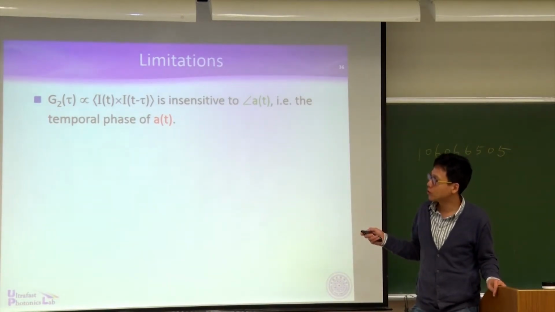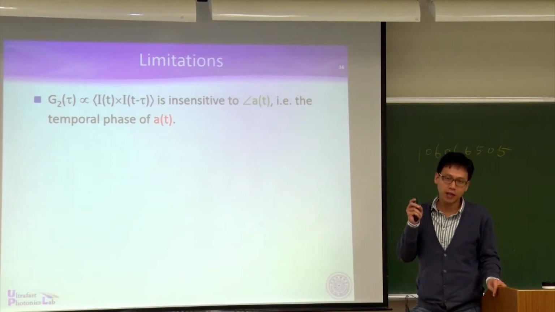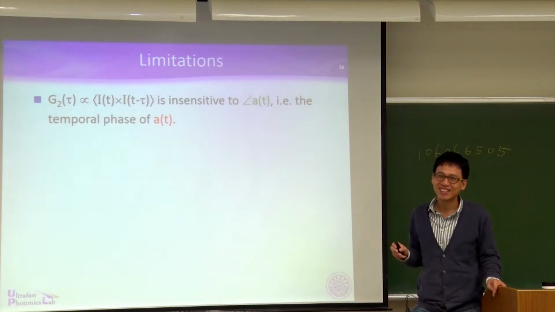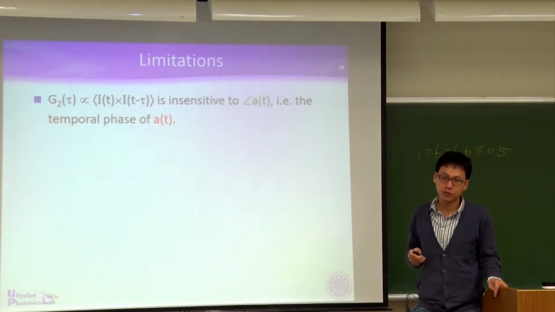Because the G2 function depends on I of t only. If you take I of t, that means you have sacrificed the phase of A of t totally. So there is no information about the phase of A of t.